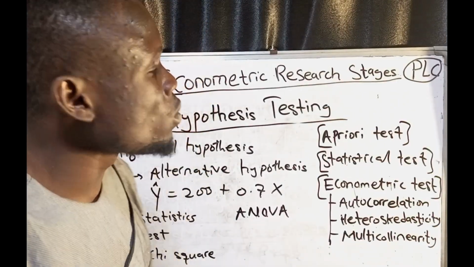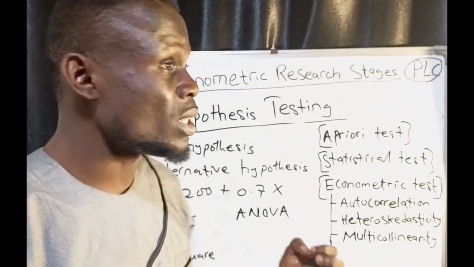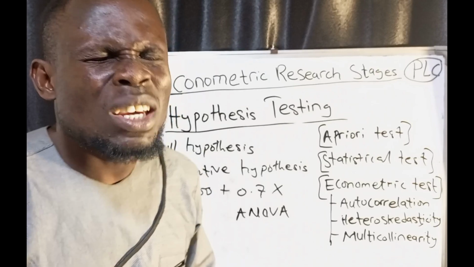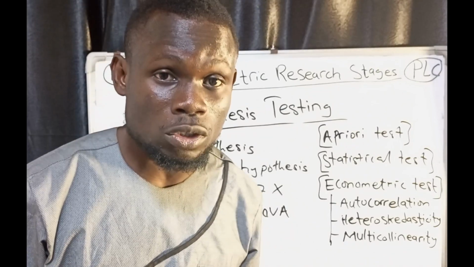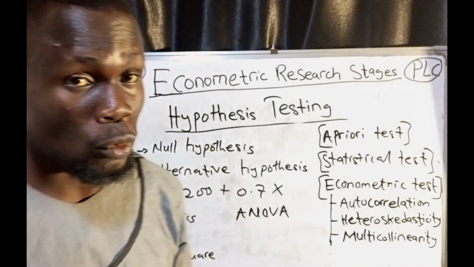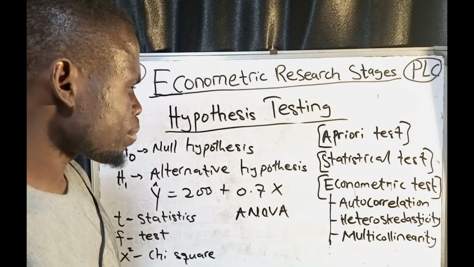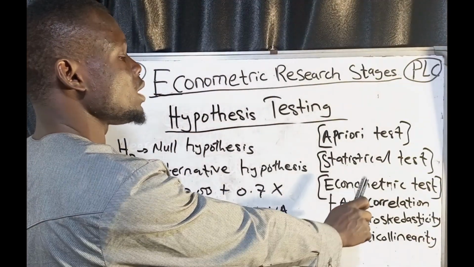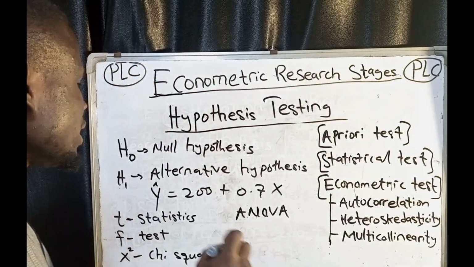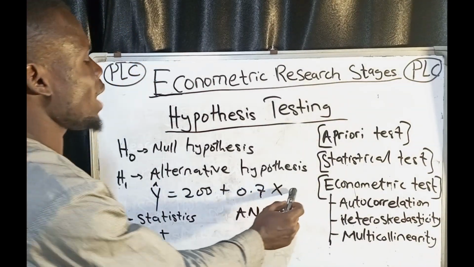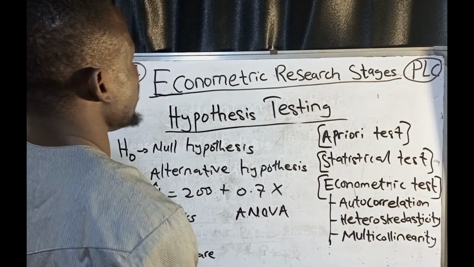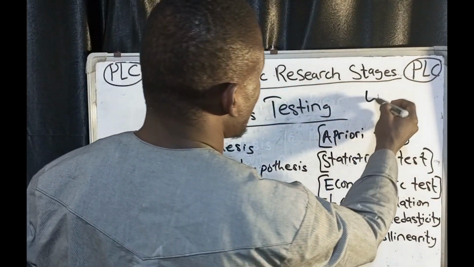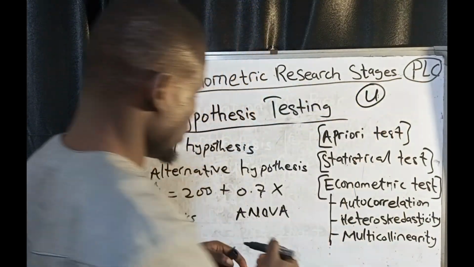Our main point is to see if our estimated parameters, our estimated model, is reliable enough for prediction and policy formulation. What is important for us to note in our econometric testing is that we are majorly testing the major assumptions of our error terms.